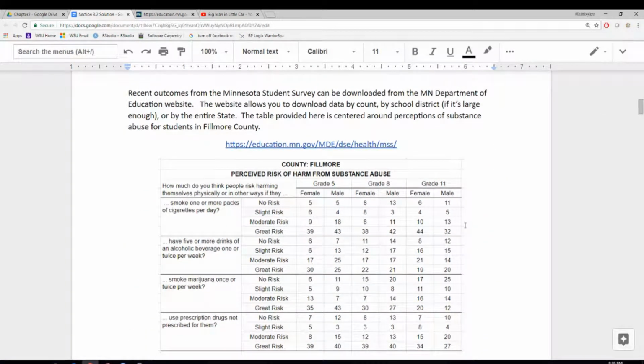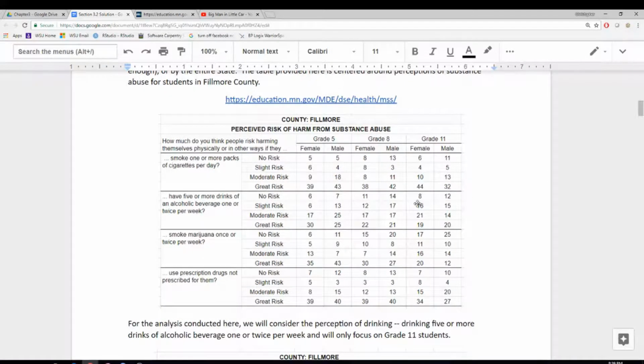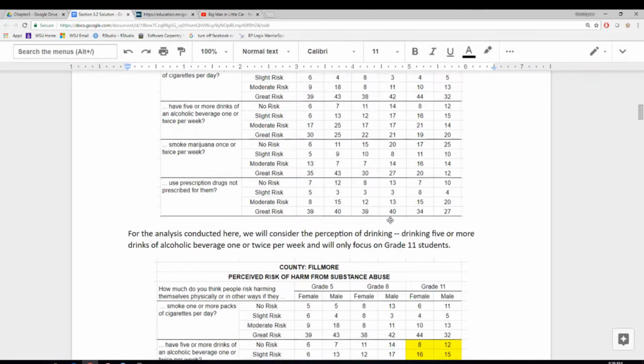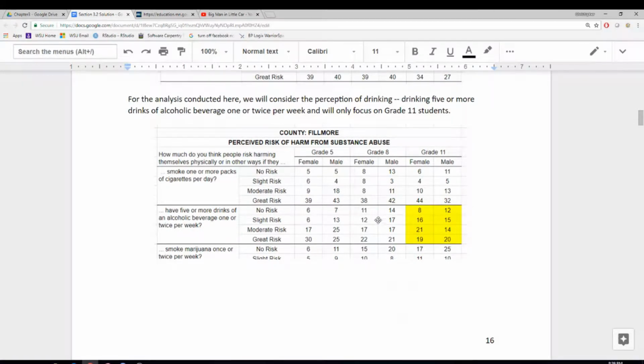So recent outcomes from the Minnesota Student Survey, as I said, can be downloaded from the website provided here. I went ahead and gathered information for Fillmore County. Now there's a lot of data here, and we're going to focus on just one set of these numbers. So what set are we going to focus on?